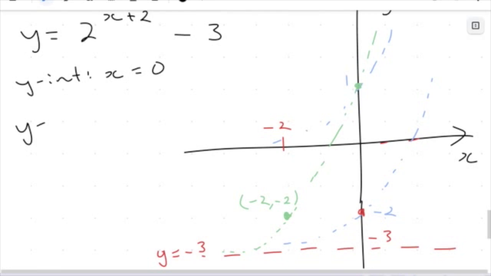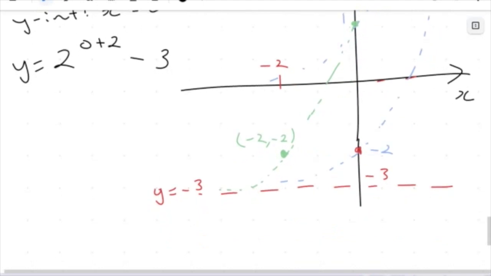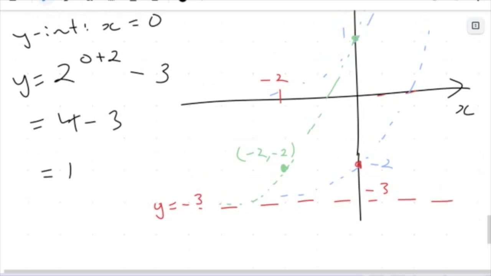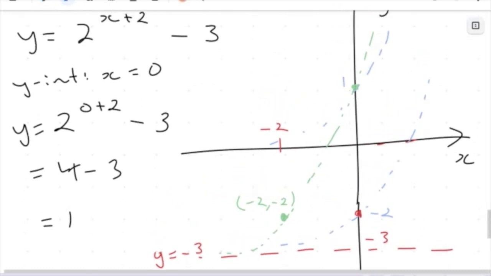So I get y equals 2 to the power of 0 plus 2 minus 3. And 0 plus 2 just gives me 2. So this is 2 squared, which is 4 minus 3, which equals 1. So interestingly enough, I get another y-intercept at 1. That's kind of interesting.